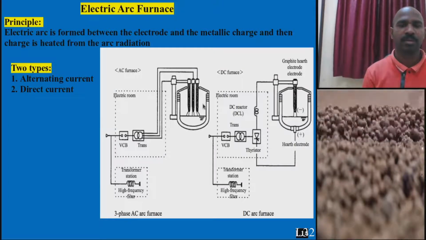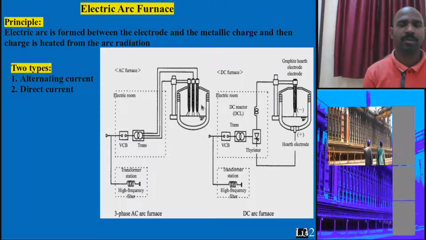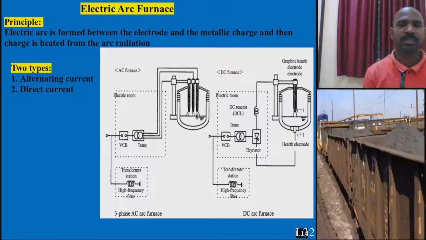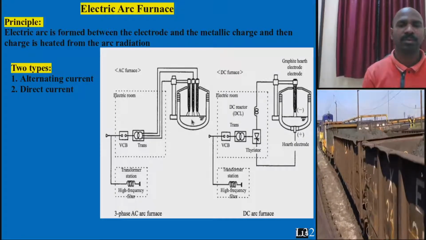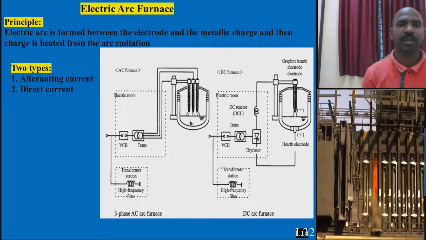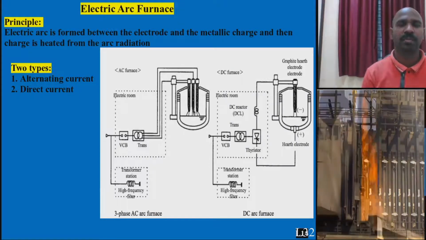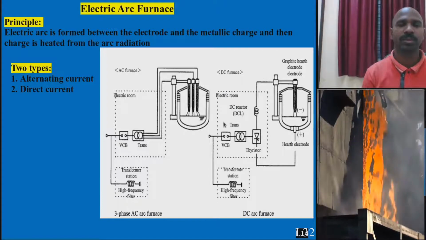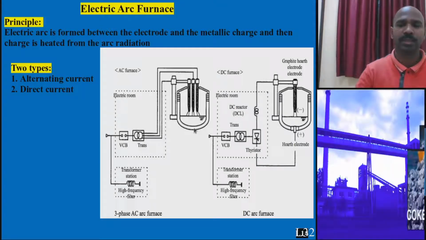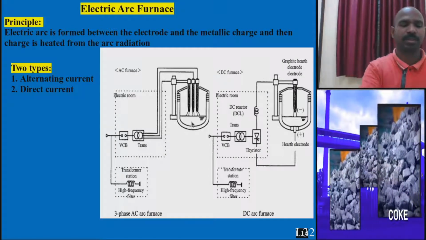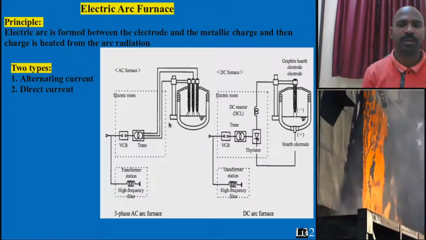If it reaches around 1600 degrees Celsius, meltdown starts. After meltdown starts, the slag layer is removed from one side, and finally the hot metal steel is removed from another tap hole.